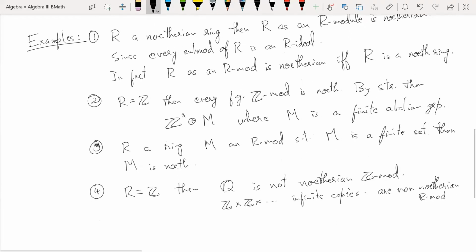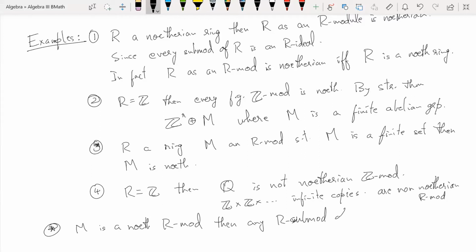Now one observation, which is a trivial observation, is that if M is a Noetherian R-module, then any R-submodule of M is Noetherian. Finitely generated R-modules are close to Noetherian.